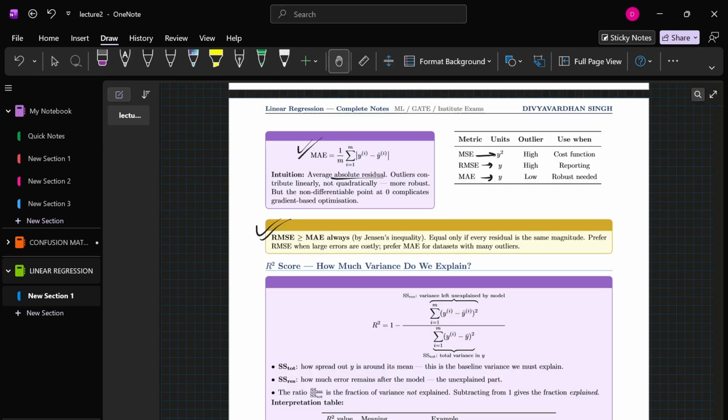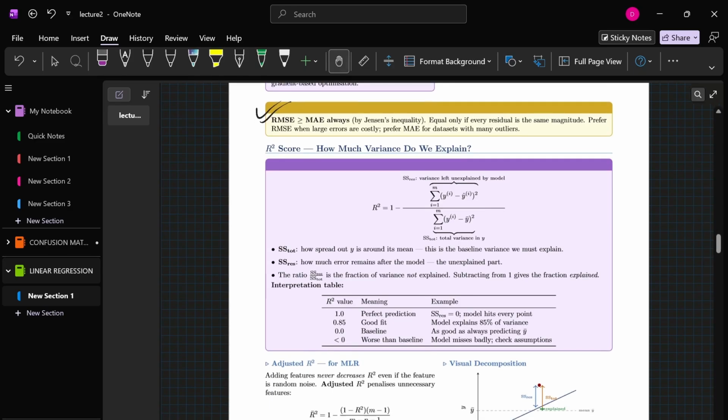One more fact is that the RMSE value is always greater than or equal to MAE. That's proven by Jensen's inequality. If you want to know more about it, I can go into that also, but for now it's sufficient.